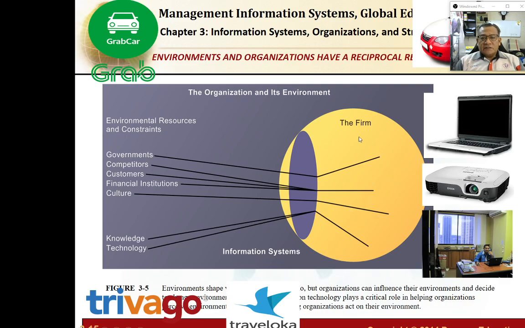And of course, the firm also has management, engineers, workers, and so on. So this is how Fujitsu sees the environment in terms of resources. What are the constraints, difficulties, or obstacles for resources to be supplied to the company?